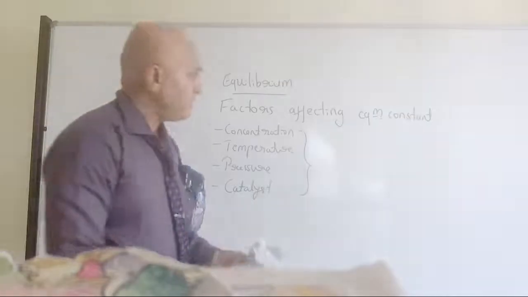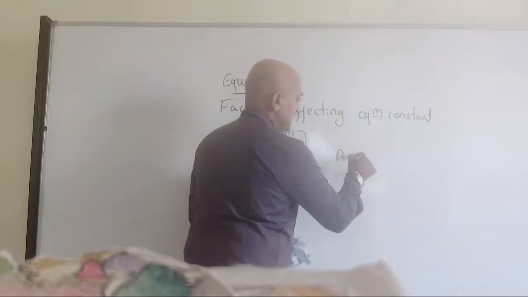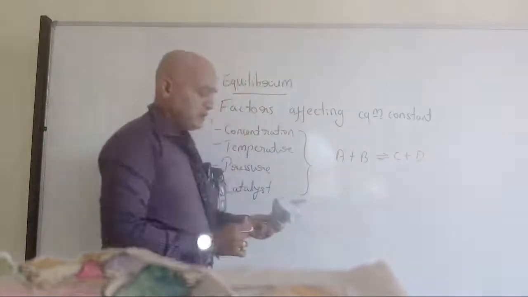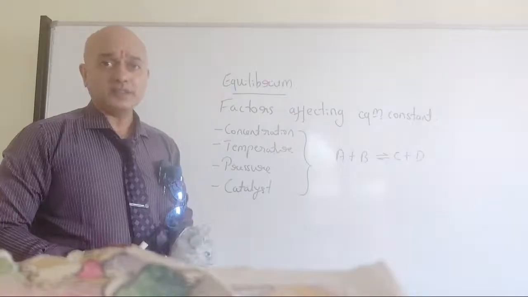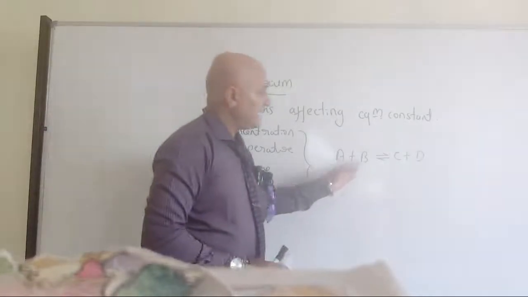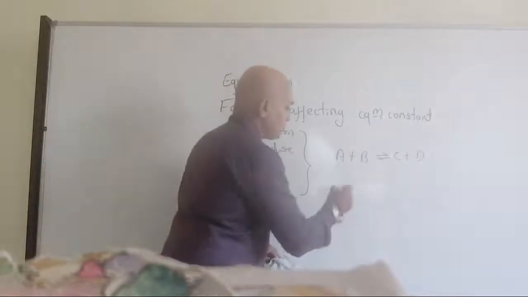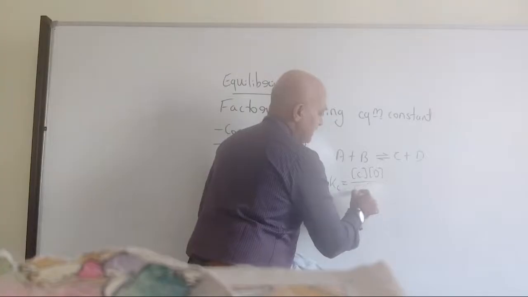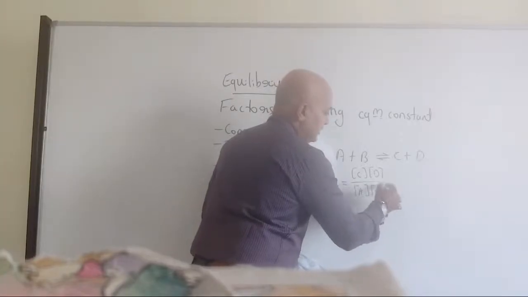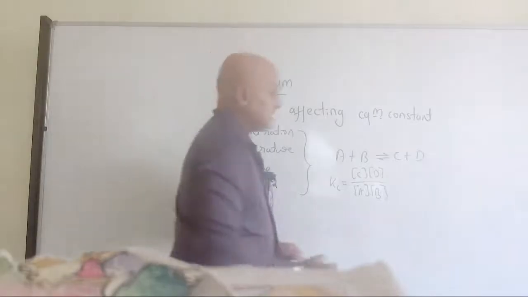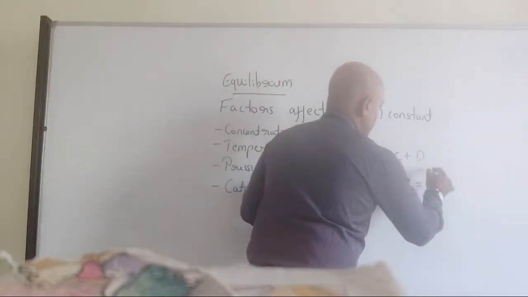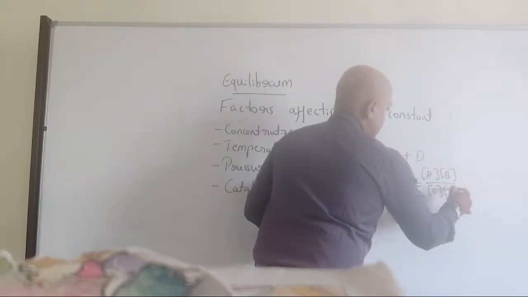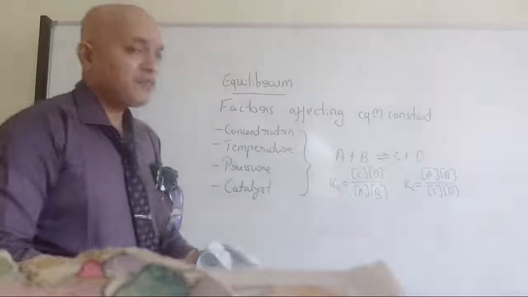Right? For example, we had a reaction, as I have discussed, A plus B getting converted into C plus D. Whatever the condition you alter, in the beginning Kc is equal to C into D divided by A into B. So that was the equilibrium. Now, when you alter the condition, the equilibrium might have become like A into B over C into D. That means I am talking about the backward direction.